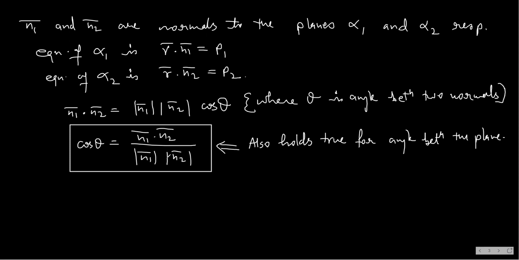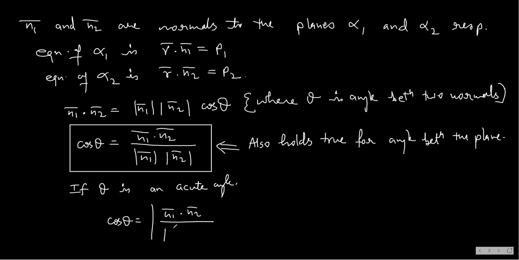Now if theta is an acute angle, then cos theta will be mod of n1 bar dot n2 bar upon mod n1 bar into mod n2 bar.